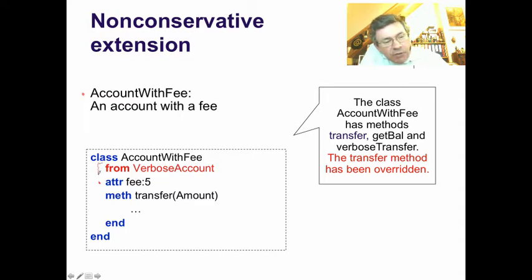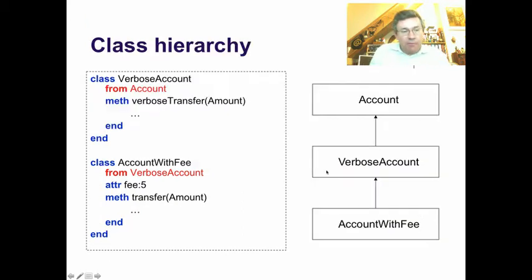This class inherits from verbose account, and it defines a new method transfer which overrides the old one. So it replaces the old definition with a new definition that takes the fee into account. This is a non-conservative extension, as we will see. It does not respect the substitution principle because it breaks important invariants.